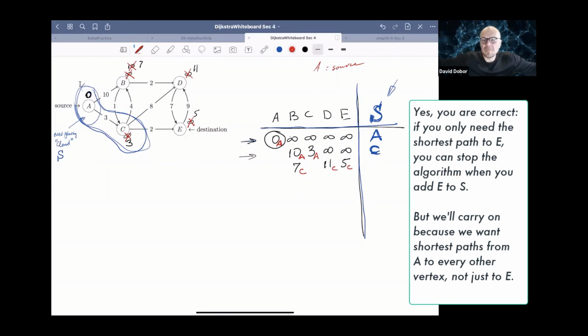But you will actually have the shortest paths from the source vertex to every other vertex in the graph. And because we're keeping track of where we came from, how we got to each vertex at each stage, we will be able to reconstruct the shortest path tree from the source vertex to every other vertex in the graph, not just E.